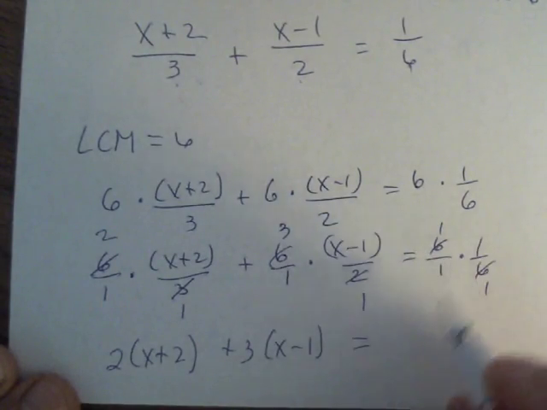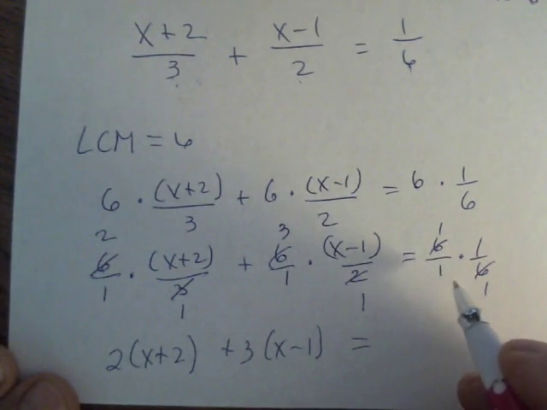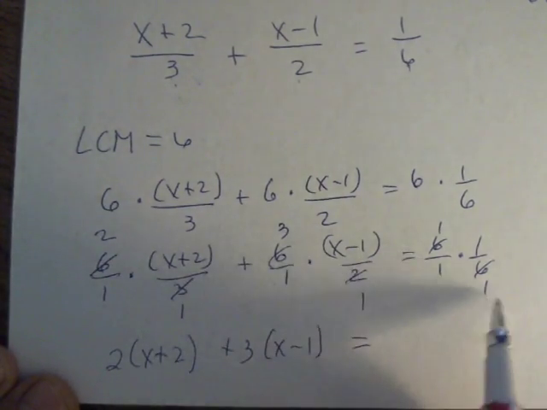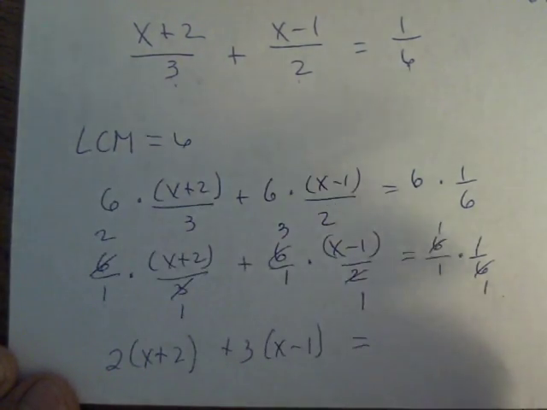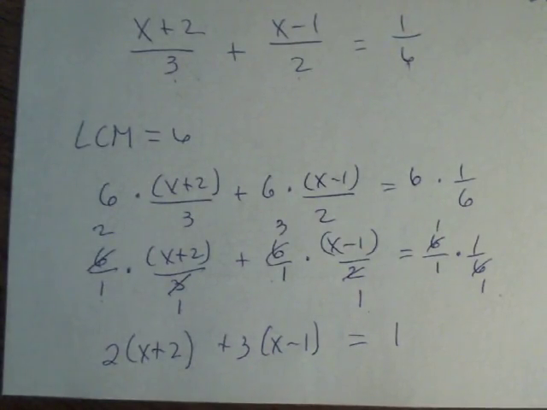You notice I have all ones here. If you're missing them, you need to work them the way I'm doing it. That lets you see that I have all ones here, which means my fractions are all gone, and that leaves me just a 1. Then you proceed and finish solving from there.